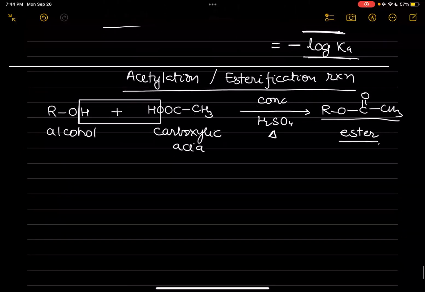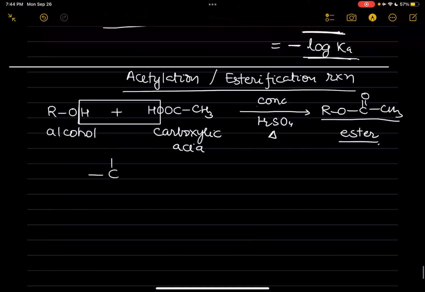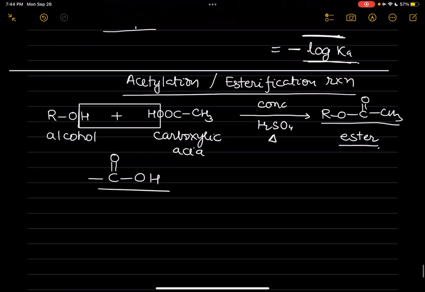Carboxylic acid is this group of atoms, if you see, that is carboxylic acid. So we have carboxylic acid in vinegar, acetic acid. We have carboxylic acids in many places.